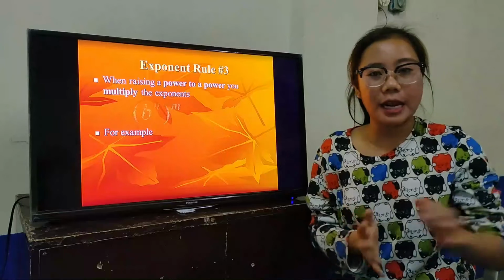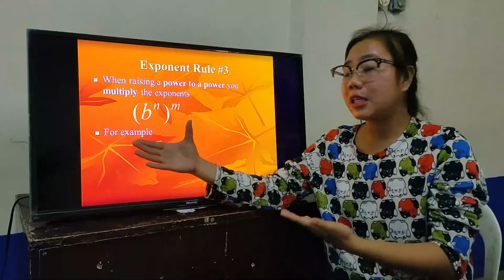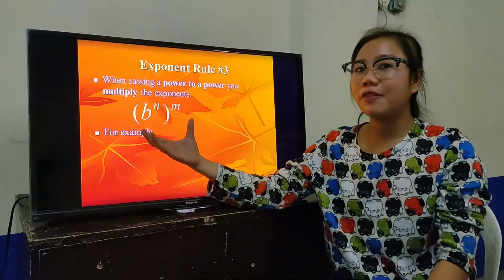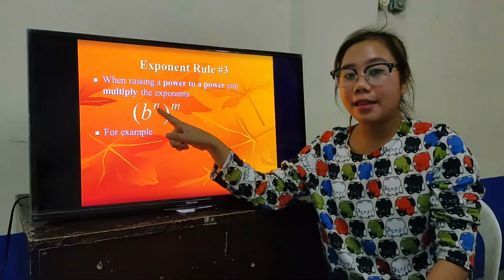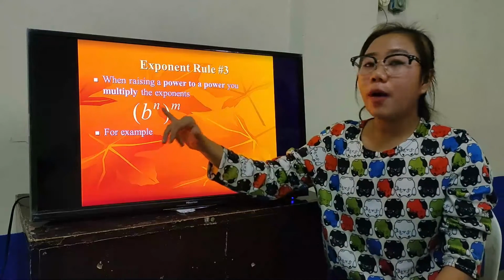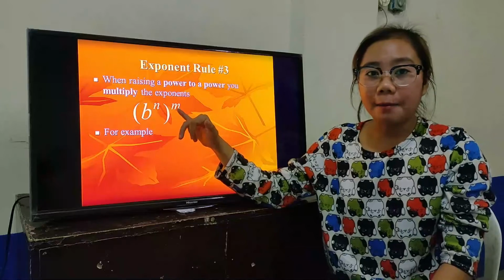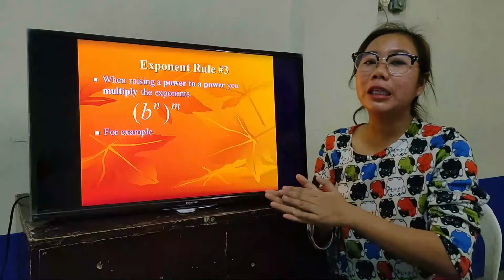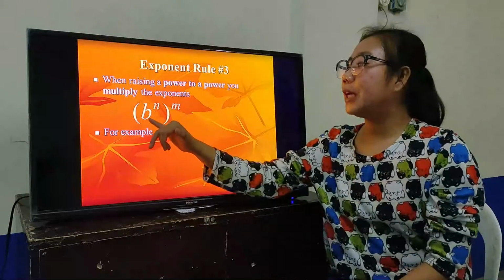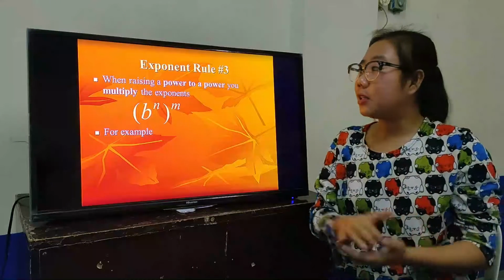So what is the formula? This is the formula that we have. b raised to n, this is the first power, the quantity of b raised to n, to the power of n. If we multiply, what will be the answer?